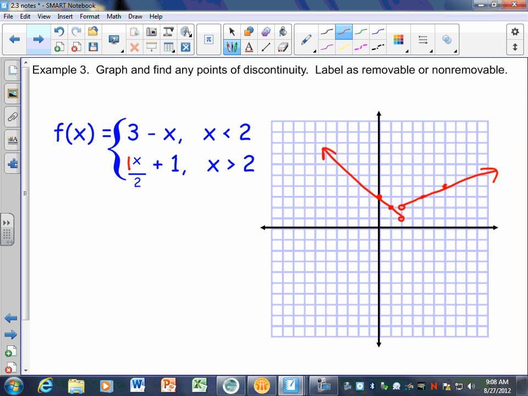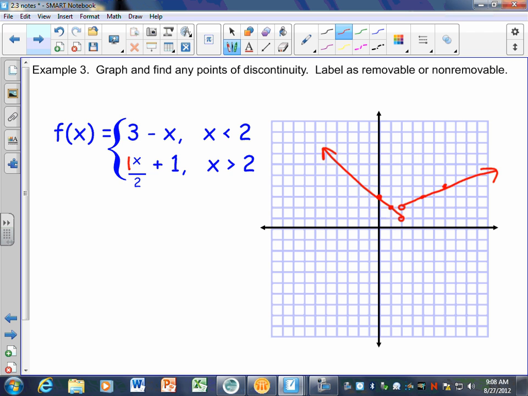This one is not removable because, you're right, even if one of them was filled in, it would not be removable. This piece is going good, it stops, and then it jumps up and keeps going. We couldn't fix it with just that one. Even if we filled in this one, we still have a problem.